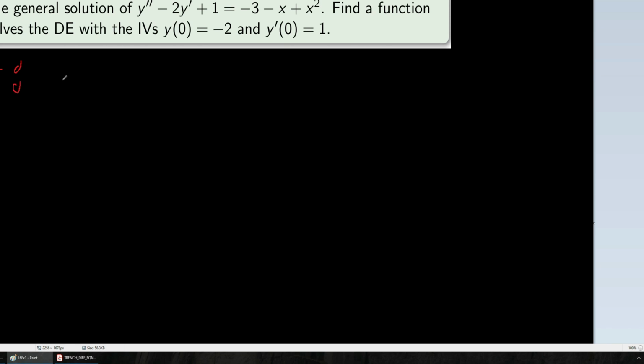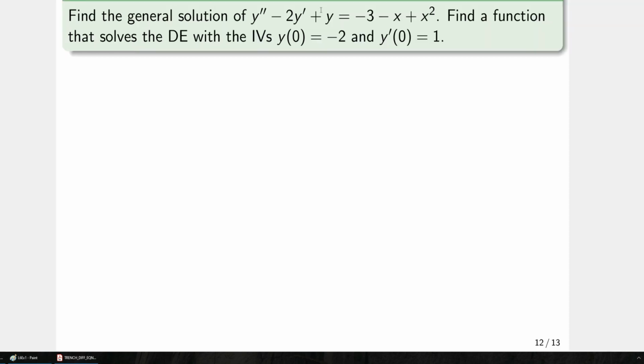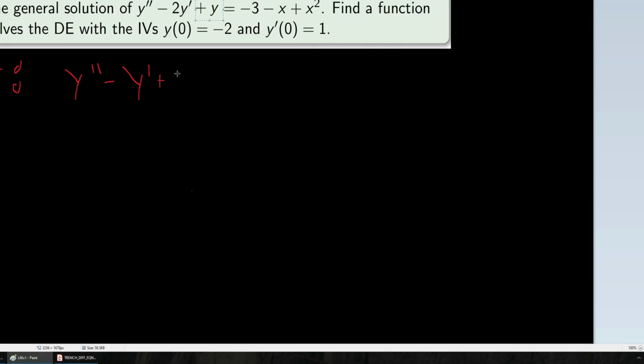Again, I first find the solution to the complementary equation, this homogeneous differential equation here. Notice the typo, this needs to be y. It doesn't have to be, you could still solve it without the y, but for the problem that I had in mind, I want this to be y, and I want a 2 here. Okay, so to do this, the first thing I do again is find the characteristic polynomial.